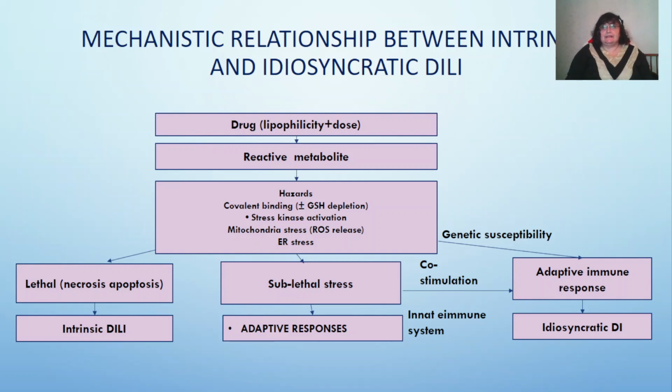Major factors can lead to genetic susceptibility. From one side, it can lead to intrinsic DILI. From another side, including genetic susceptibility, it can lead to idiosyncratic DILI. That's why you should understand this mechanism at least.